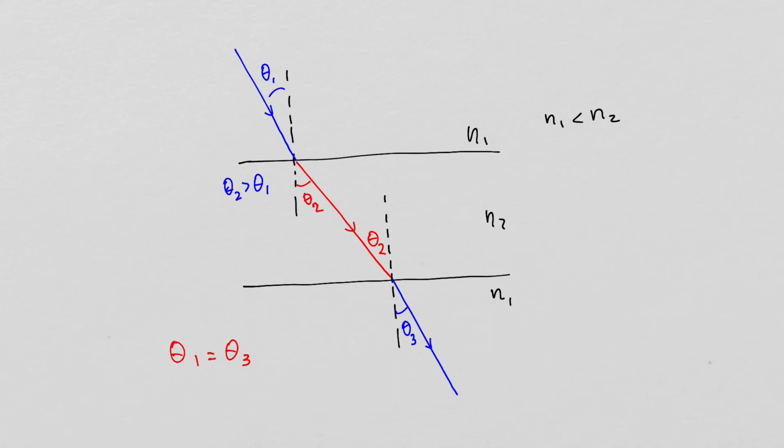An interesting effect that is due to the refraction of light is the position of an object that is submerged, let's say, in water, as we are looking at it from above, from air. The position of the object looks to be much closer to the surface than where the object is in reality.